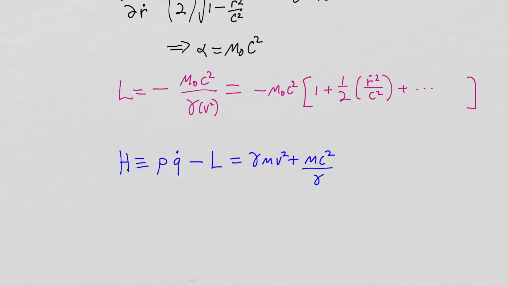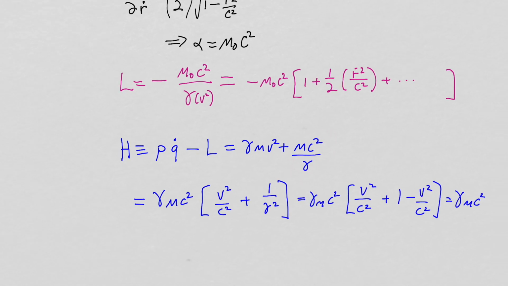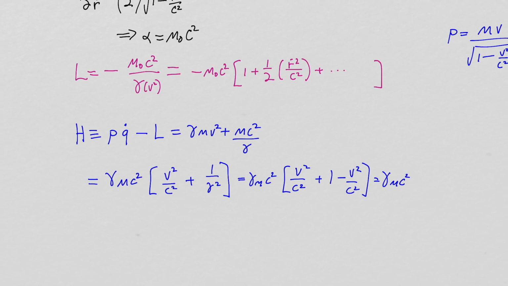Remember, Hamiltonian dynamics is p q dot minus the Lagrangian, which becomes gamma m v squared plus m c squared over gamma. And if I work that, by pulling out gamma m c squared, v squared over c squared, 1 over gamma squared, this becomes 1 minus v squared over c squared.